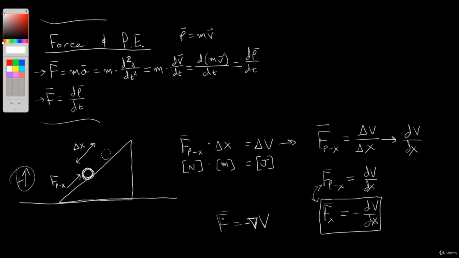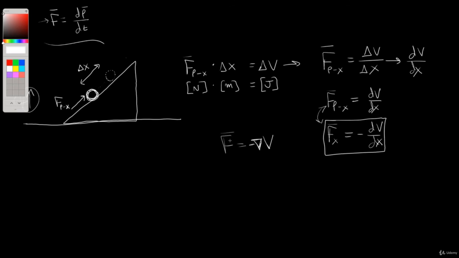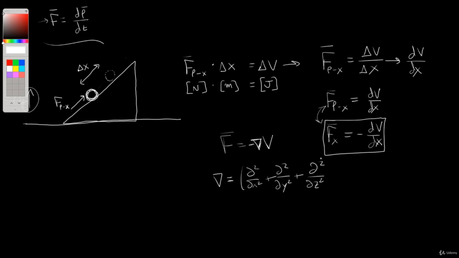So if you guys recall, this del operator here is equal to d squared dx squared plus d squared dy squared plus d squared dz squared, of course, right? So that's the relationship here, and this is ultimately the force.